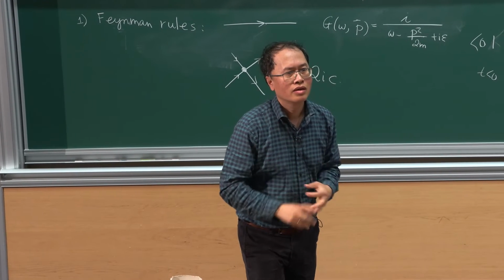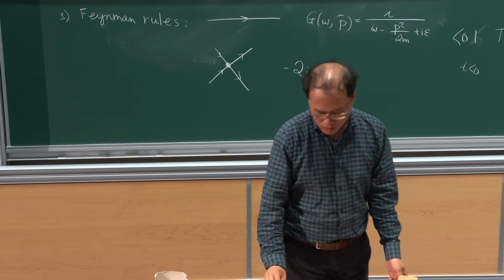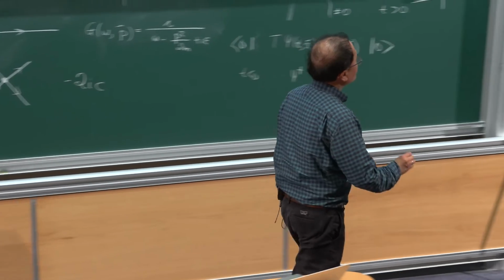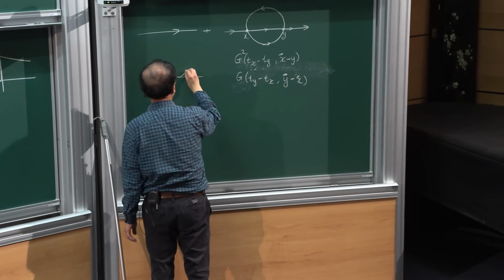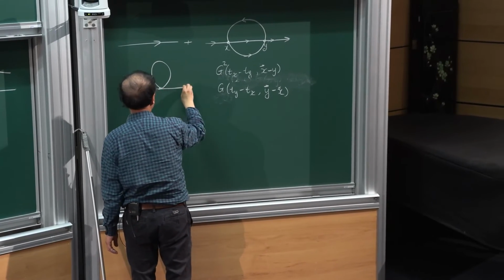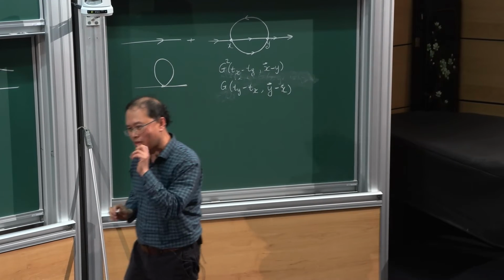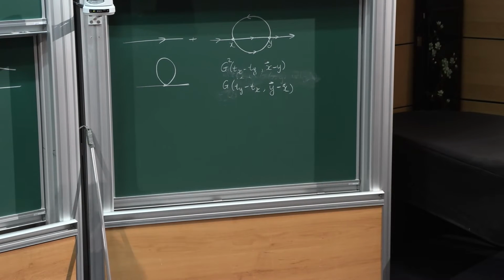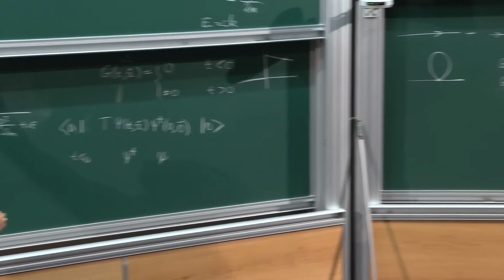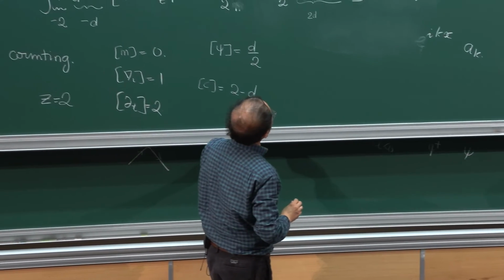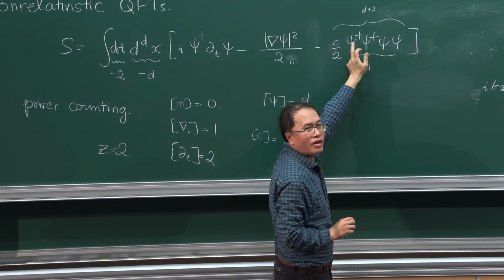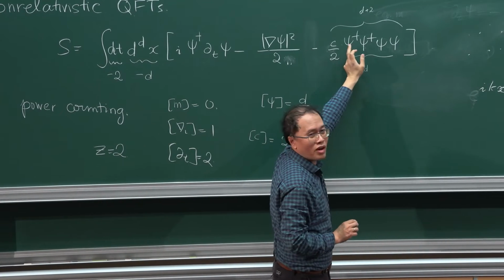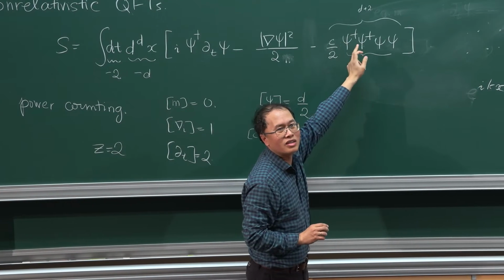Is that why you don't include the one loop diagram? Yeah, this one loop diagram like this one is actually coming from the fact that I have to normal order my interaction.